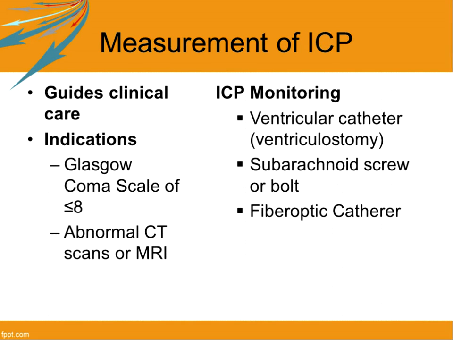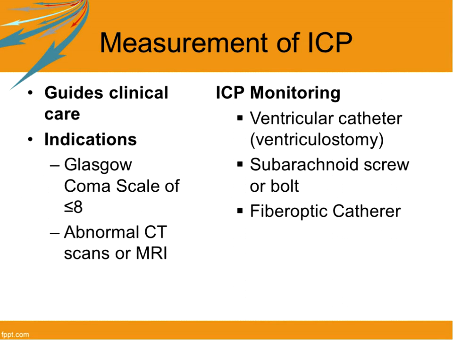And if there's blood in the ventricles, we can also drain blood from the ventricles. It allows us to continuously monitor pressure, and also gives us an option of doing either intermittent or continuous drainage. We can also give medications. It's more technical than the subarachnoid screws. One of the difficulties with it is that it can bleed spontaneously, and it can also get infected.